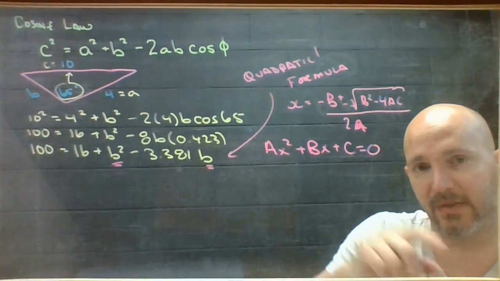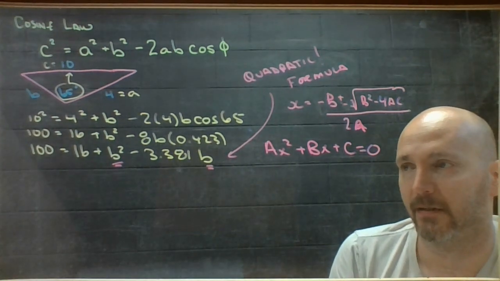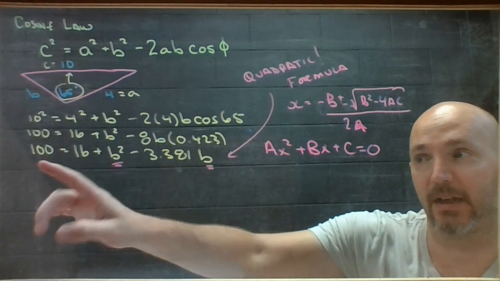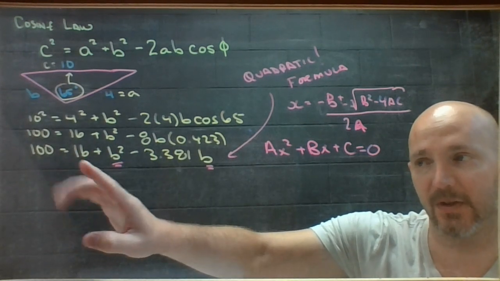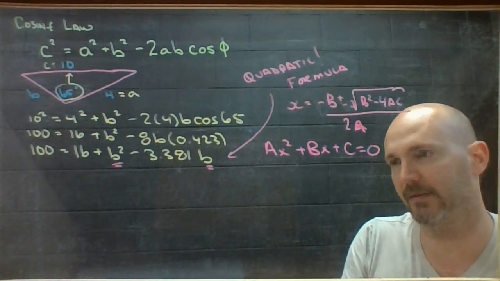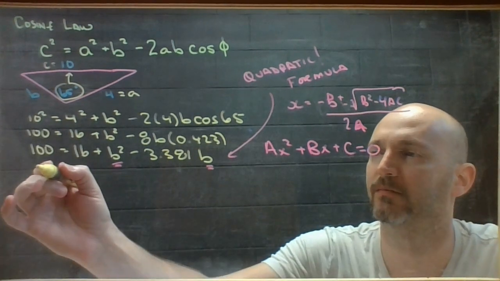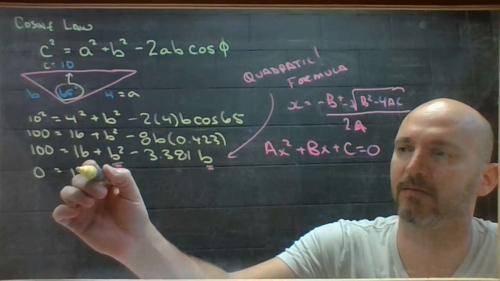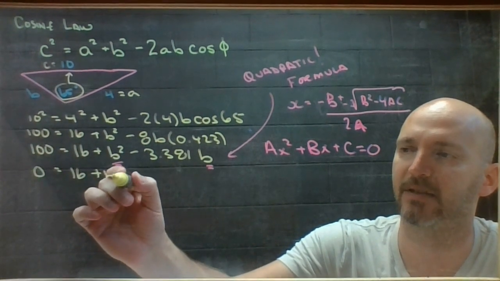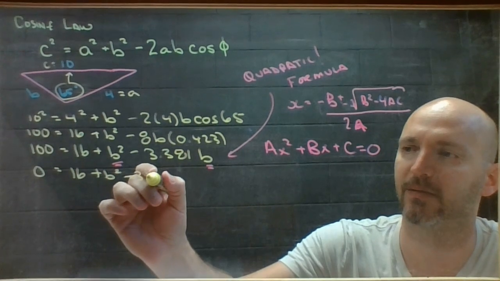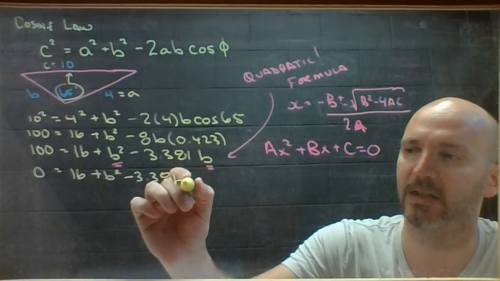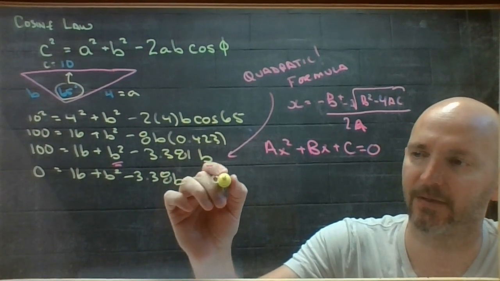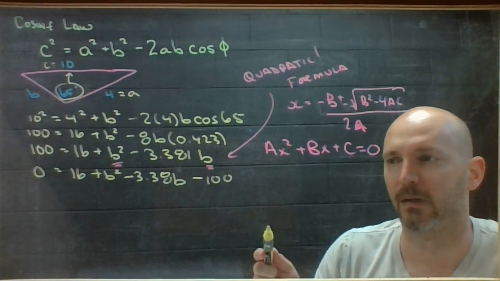It has to be equal to 0. So I'm going to do that here. I'm going to pull this 100 over so that there's nothing left on that side. 16 plus b squared minus 3.38b subtract 100.